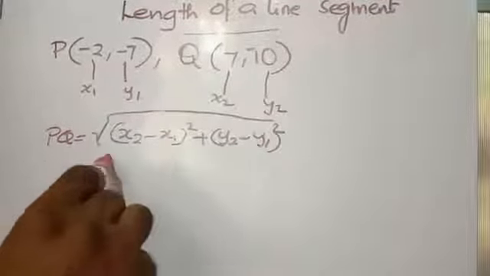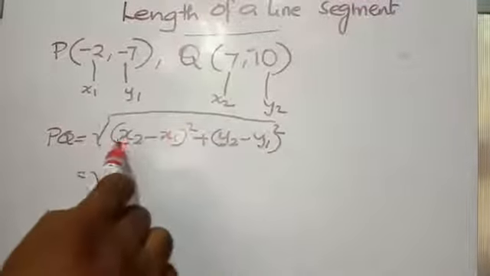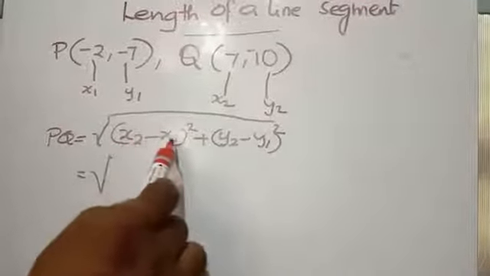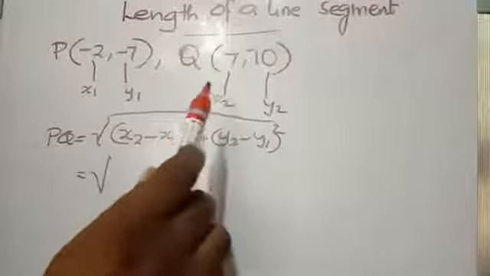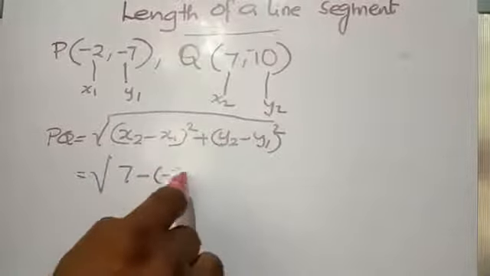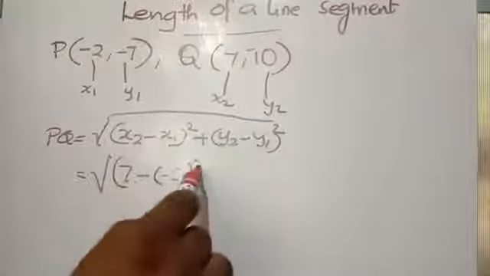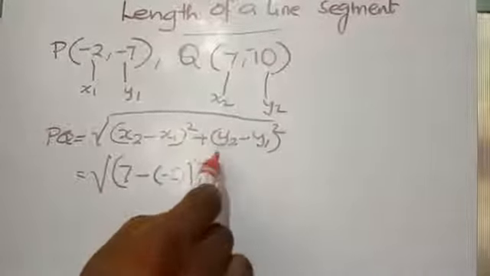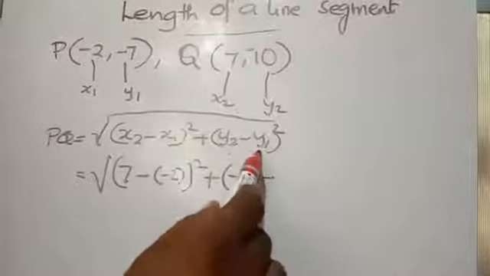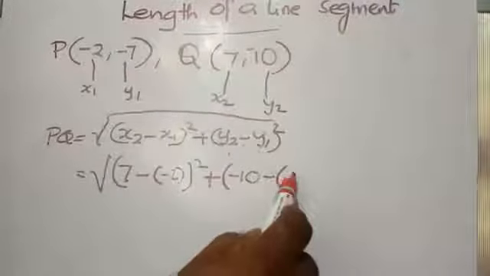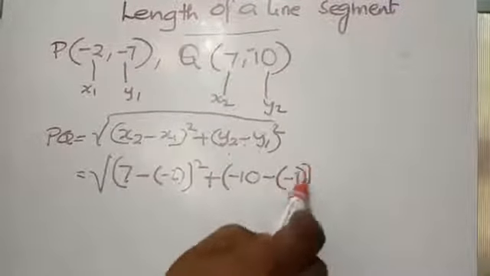That's equal to square root of x2 minus x1, x2 is 7, minus x1, x1 is minus 2, squared, plus y2. What is y2? It is minus 10 minus y1. y1 is minus 7, the whole square.